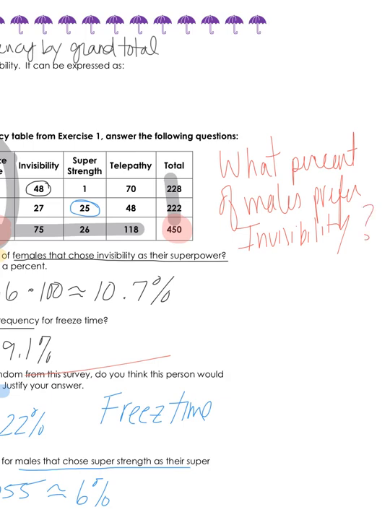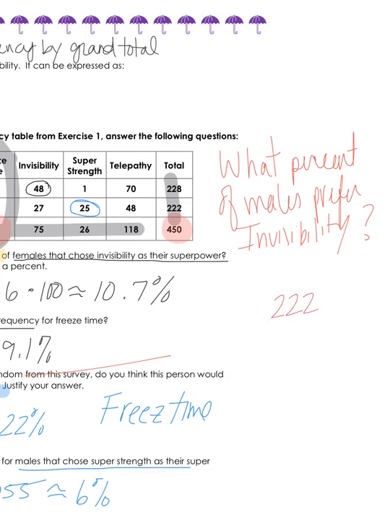Now, this doesn't say anything about relative frequency. So it's not saying put it over the total. It doesn't say what percent of students, because students is generic, so that would be over the total. It says what percent of males. So what percent of males means in this case, it's not a relative frequency. This is specifically just talking about the males. So how many males do I have? 222.